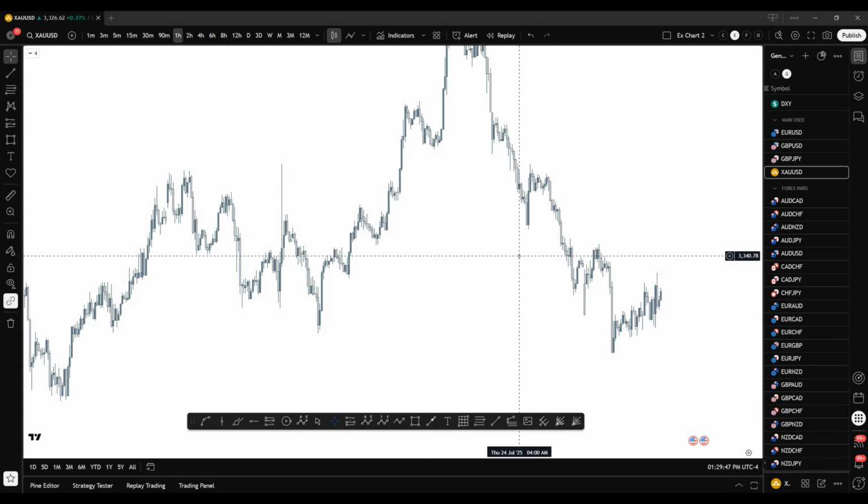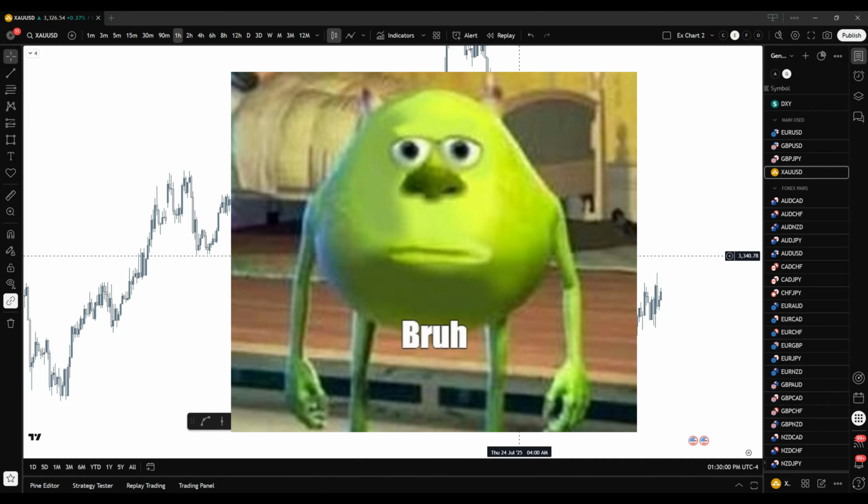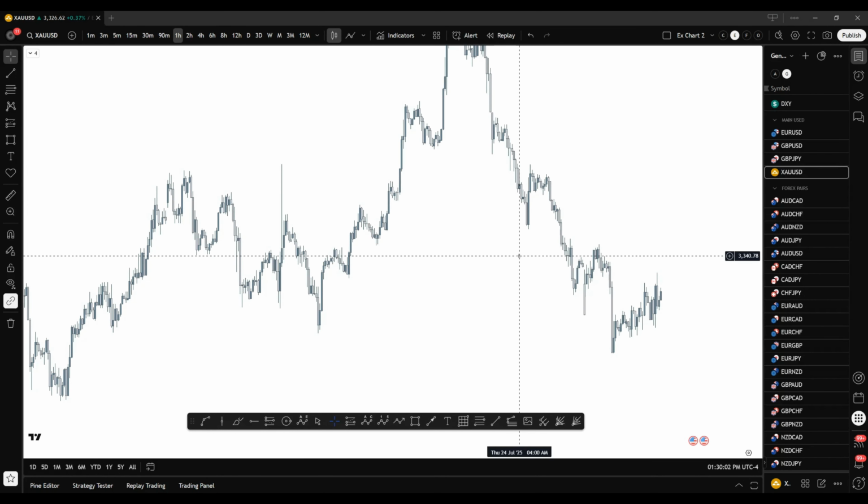Now, the final verdict. Should you guys spend money on this indicator? And the answer is maybe. Here's the thing, this isn't a bad indicator, but you need to bring your own strategy to the table and use this as a tool for confirmation. And really that's for any indicator.